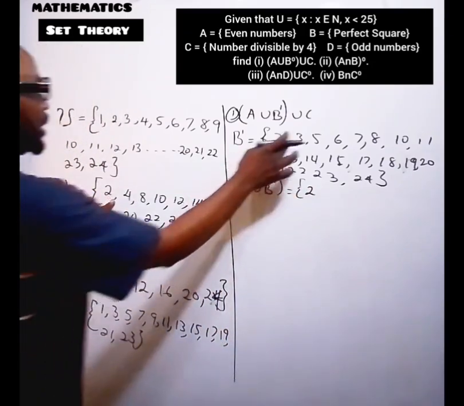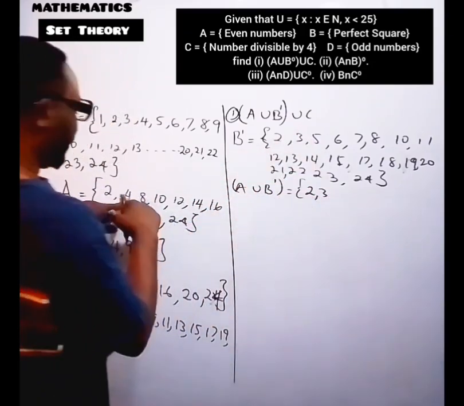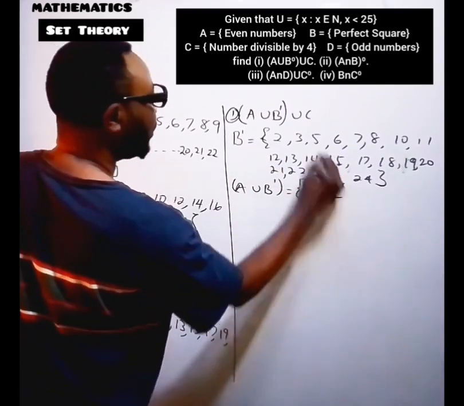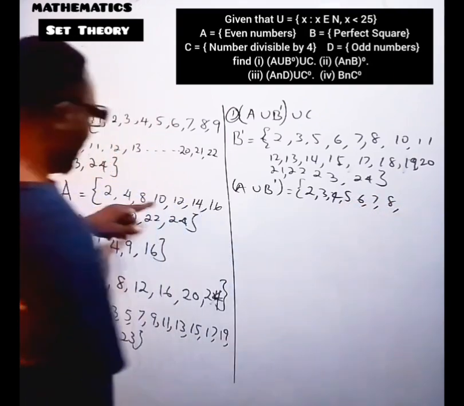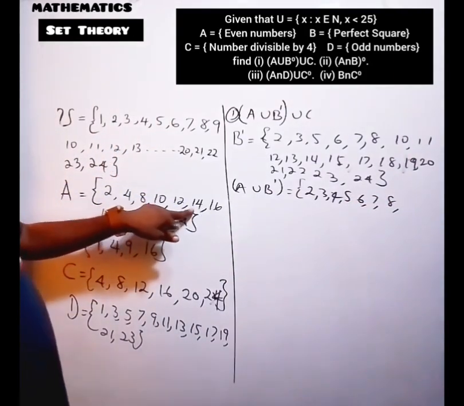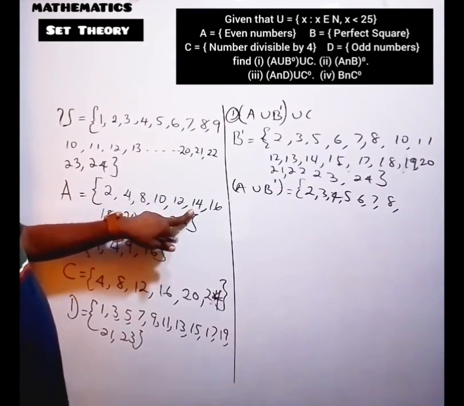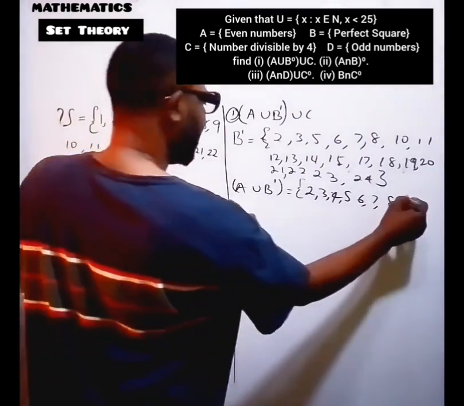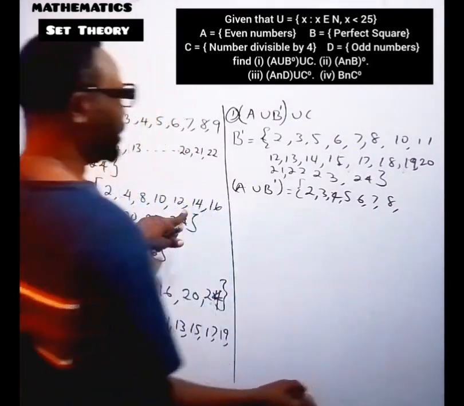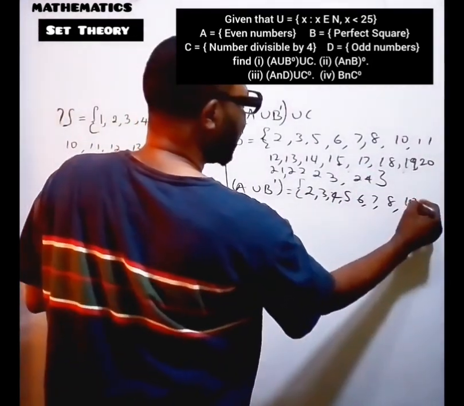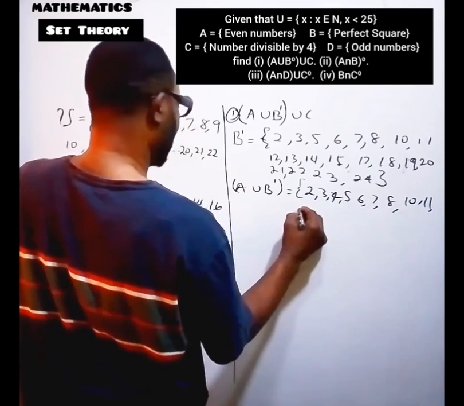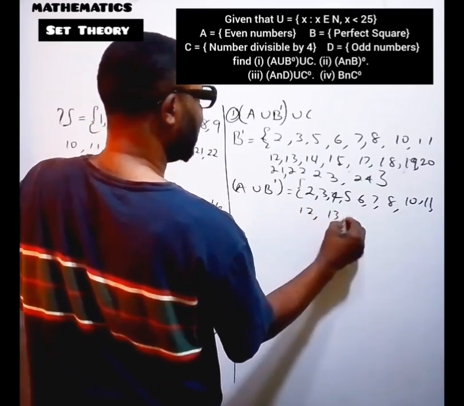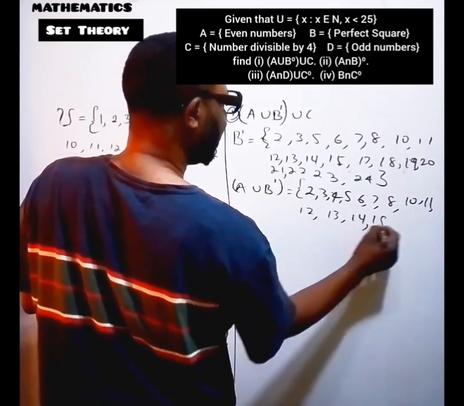There's 3 here, 3. There's 4 here, 4. 5 here, 5, 6, 7, 8. Do you have 9 here? We do not have 9 here as well, so 9 is not there. Then 10, 11, followed by 12, 13, 14, 15.